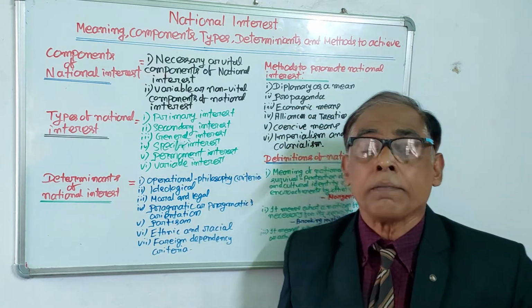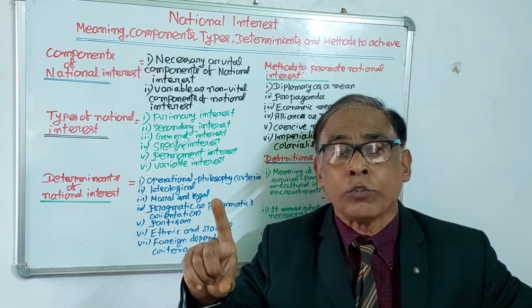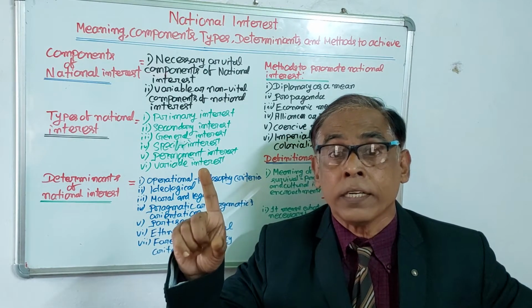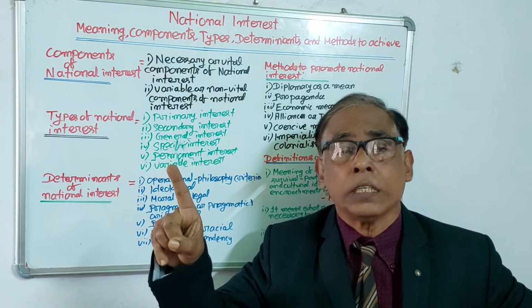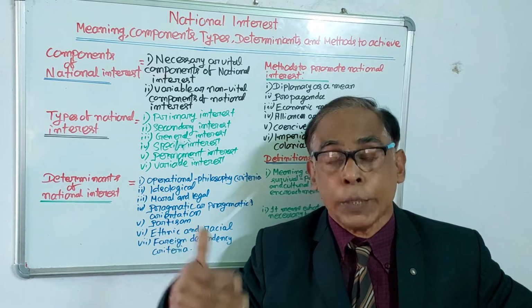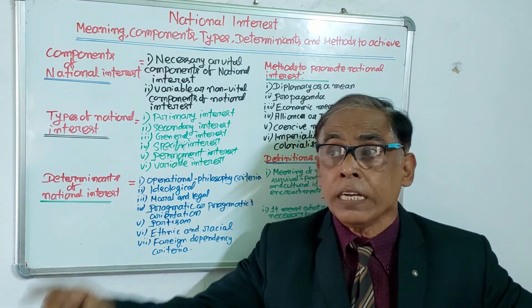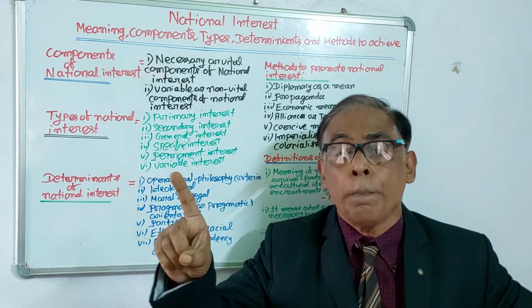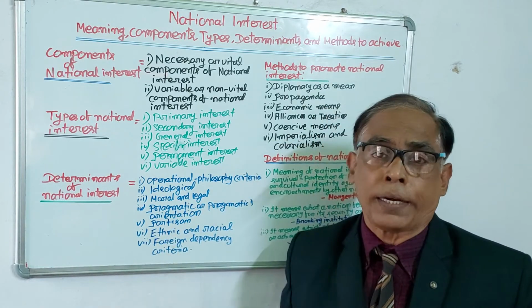So partisan determinant means whenever a country will prepare foreign policy to secure national interest, it will see the country's interest. It will not see its party's interest. If it is necessary, it may be out of power. So a government will see the country's interest. It is known as the partisan factor.